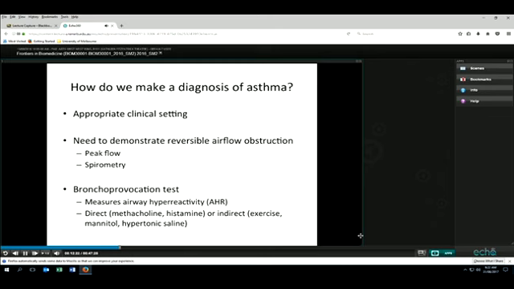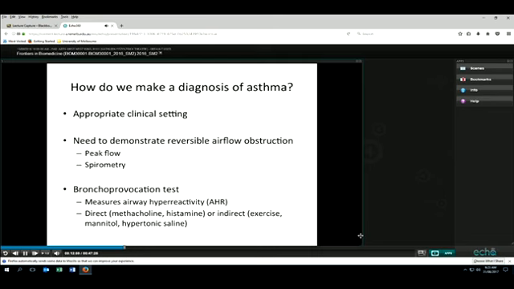The other key for asthma is we certainly need to demonstrate airflow obstruction one way or another, and most commonly, we also like to see reversibility of that airway obstruction. And as I'll come to later, the biologic pathways that lead to airflow obstruction in asthma are generally viewed as being reversible. So if we can demonstrate that, then we are demonstrating findings highly suggestive of asthma.